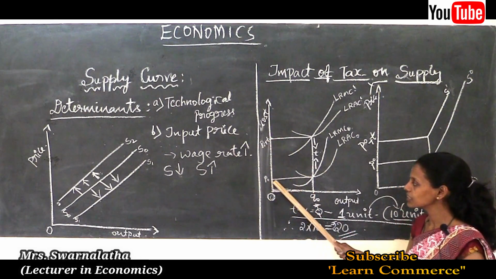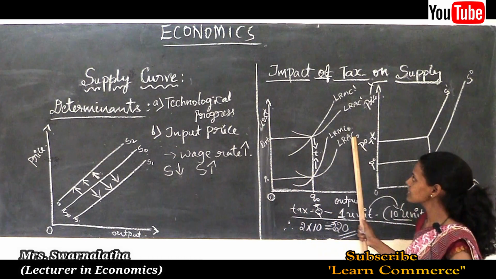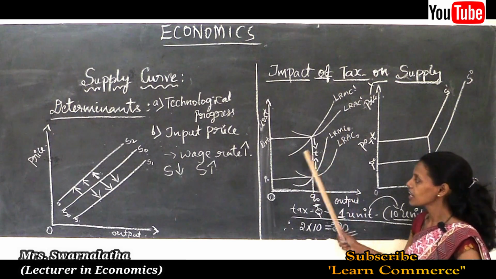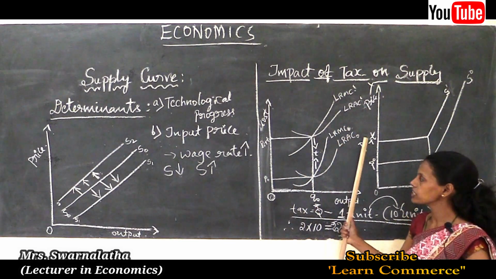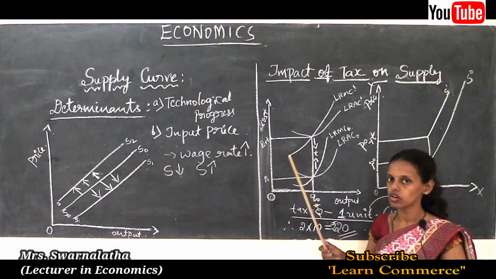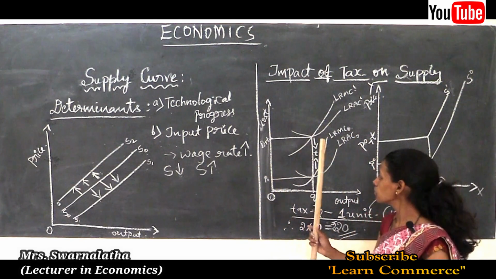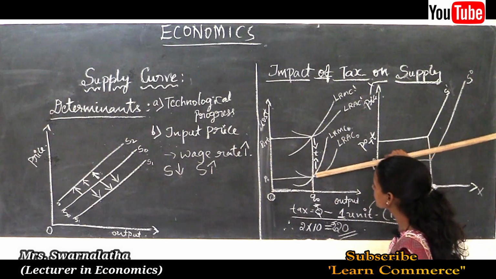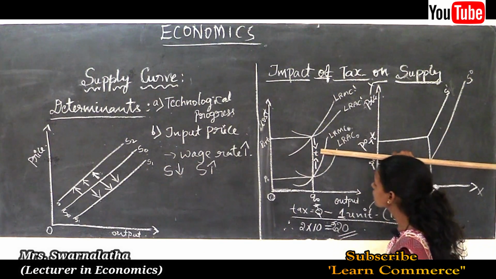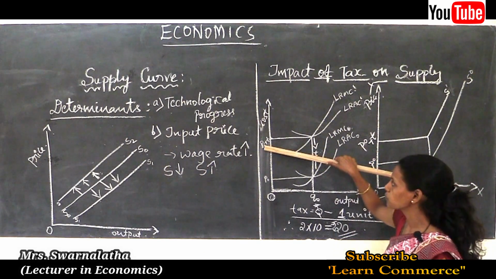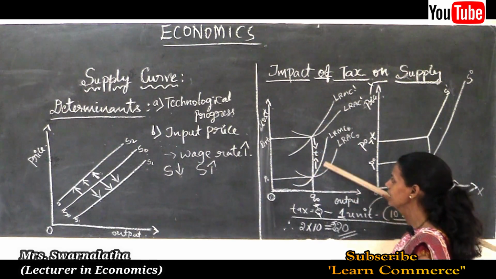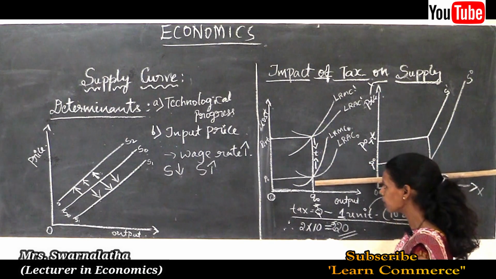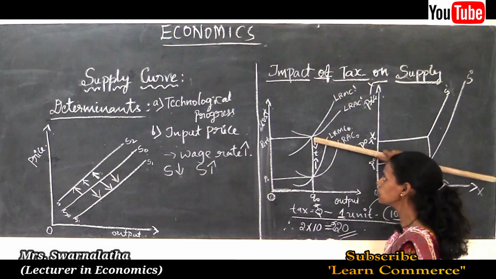In the initial stage, LRAC naught and LRMC naught are the long run average cost and long run marginal cost curves respectively. When T amount of tax is imposed per unit of sale of output, it leads to the shift of these LRMC and LRAC curves from below to above.